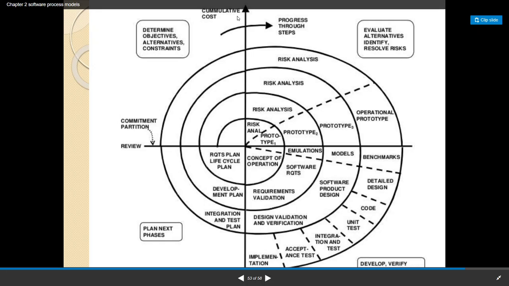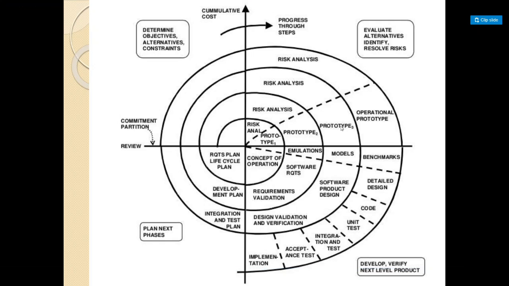Okay, and this is cumulative cost, how the cost increases. Once one round completes this phase, the cost again increases, and when this circle completes one circle, the cost again increases. That is the thing. Okay, so this is how a spiral model looks like. Again, it's very important, you need to know this.